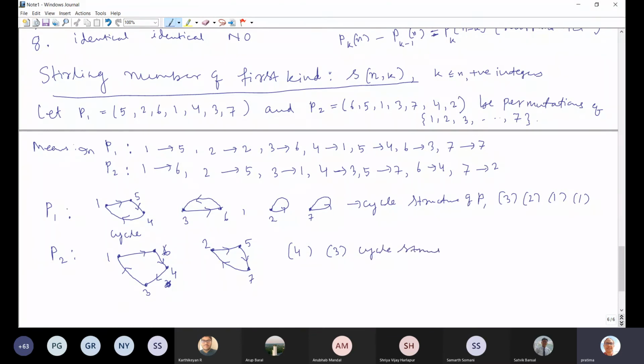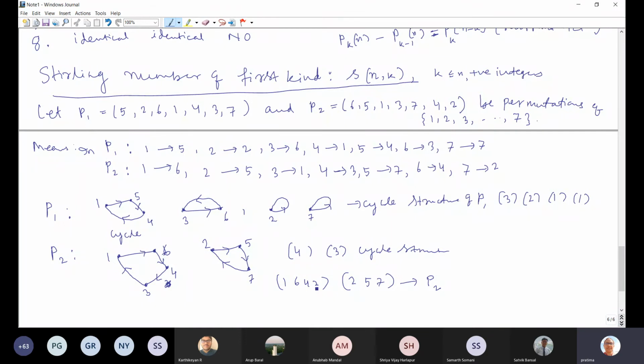If I want to write it in cycle form, the first cycle is (1 6 4 3), and the other one, (2 5 7), also forms a cycle. This is the permutation P2.